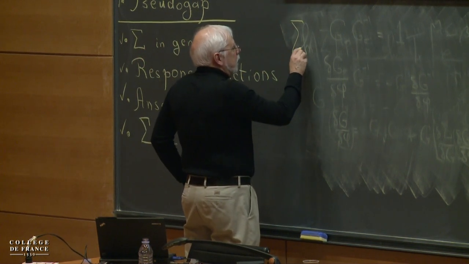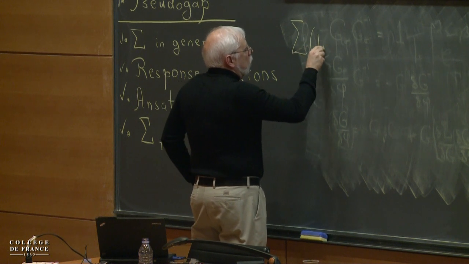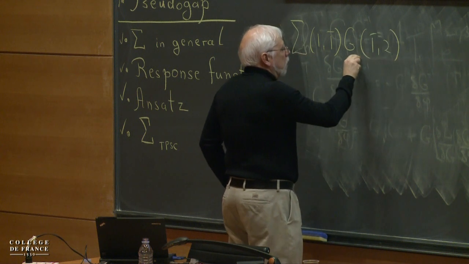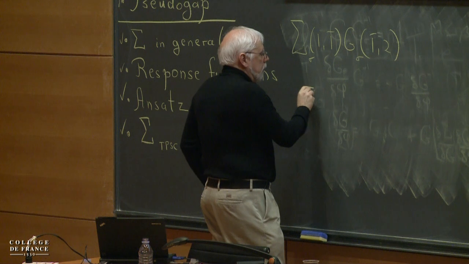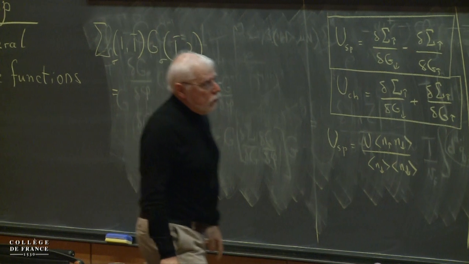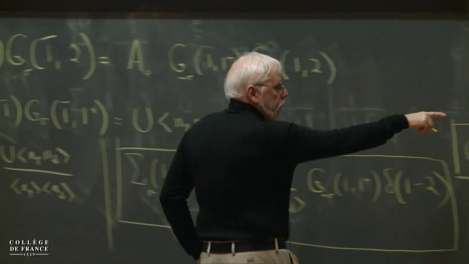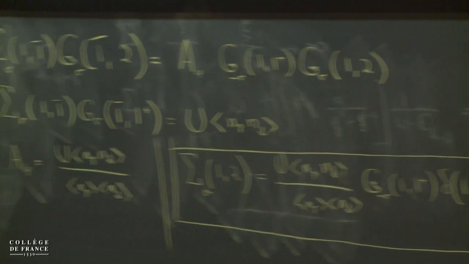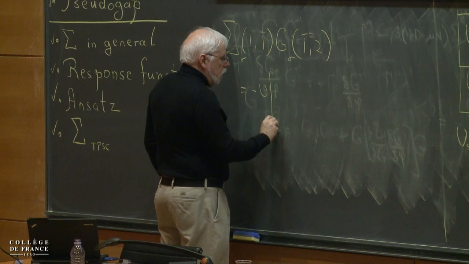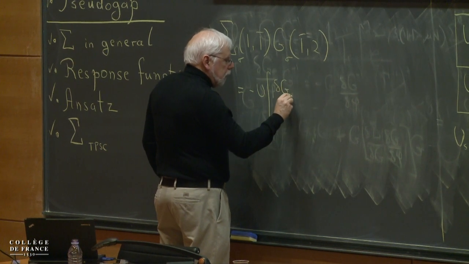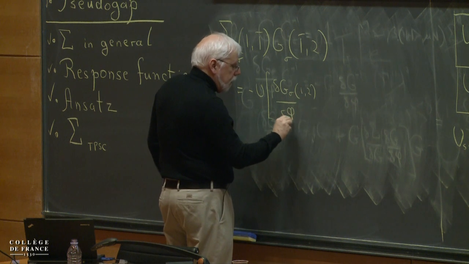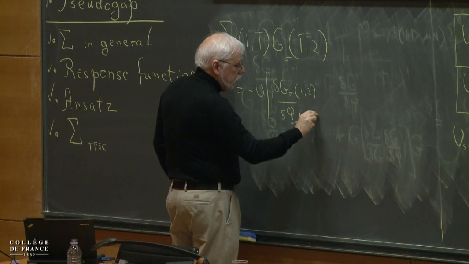So sigma 1 bar times G of 1 bar 2 of sigma is equal. So we have the exact expression right there. It's this 4-point function. Fortunately, I just erased an equation I need, but this will be minus U times delta G sigma, or you can write 1, 2 if you want, times delta phi minus sigma 1, 1 plus.